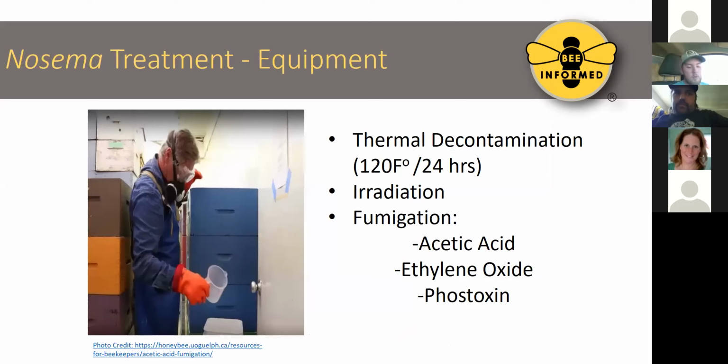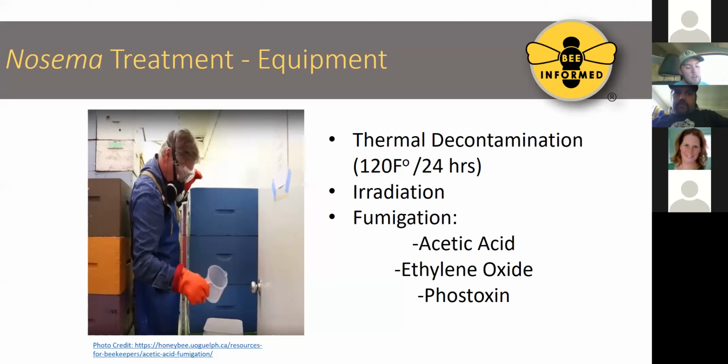Okay, so now we'll go into some ways to treat Nosema. So there are two ways. You can eliminate the spores through treating your equipment, or you can treat using fumagillin, which is on the market. And we'll get into that on the next slide.